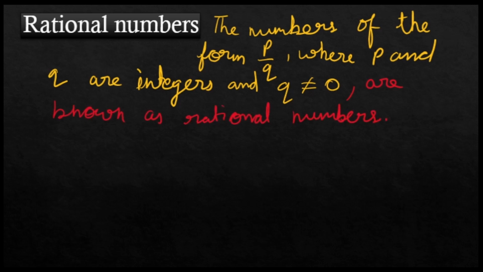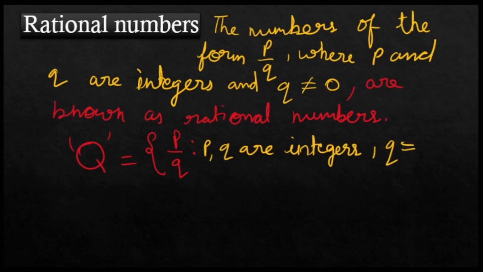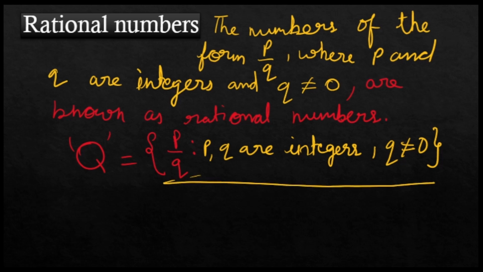All the rational numbers are represented by the capital letter Q, and the set of rational numbers can be written as braces open p by q such that, this is the sign of such that, p and q are integers and q is not equal to 0, braces closed, because we have to put all the conditions inside this set.